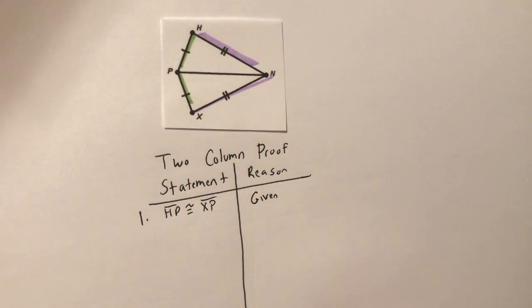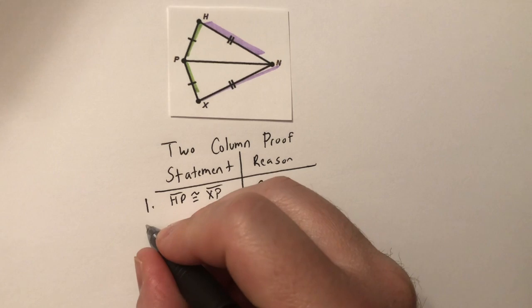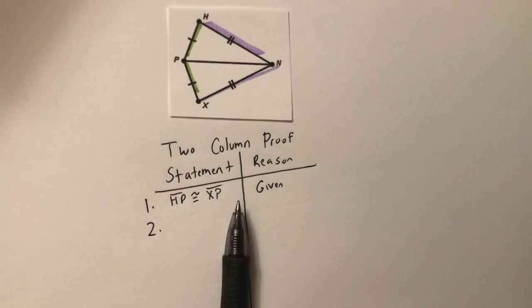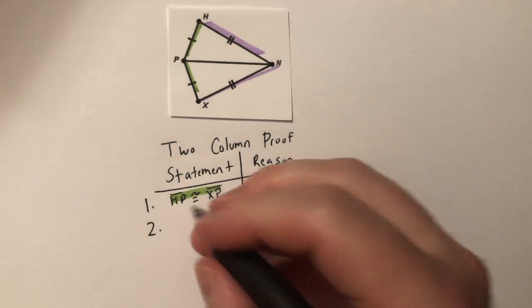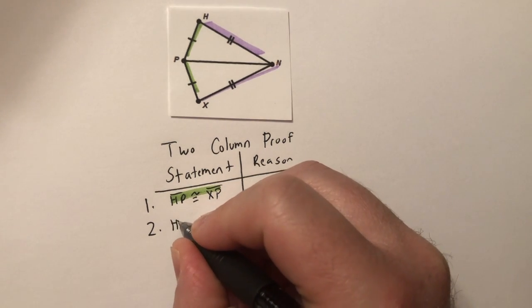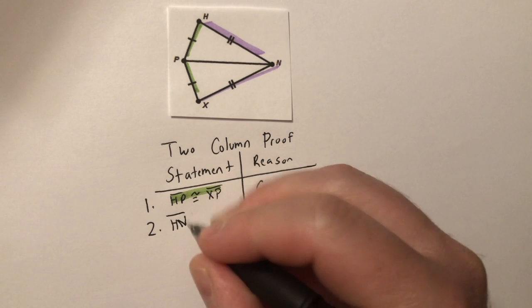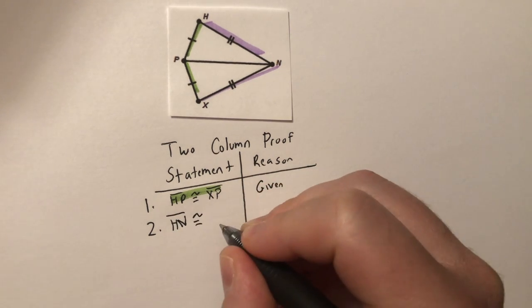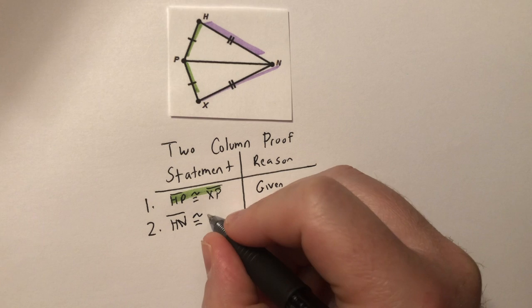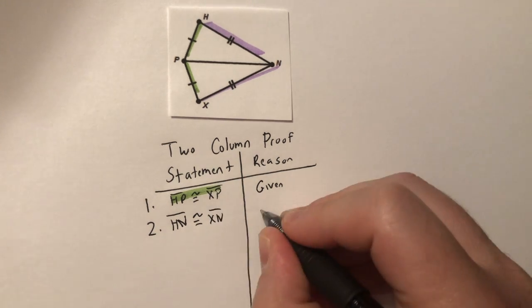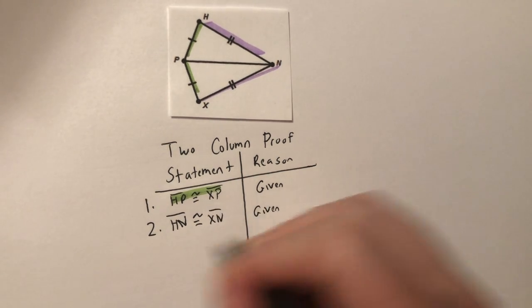I see it on the diagram. It's given to me. Second thing, side HN is congruent to side XN. That is also given to me based on the diagram.